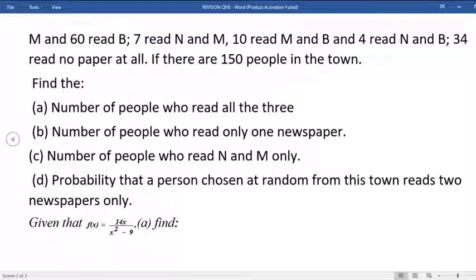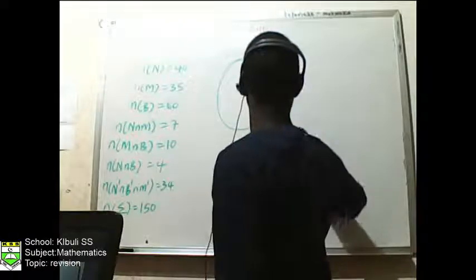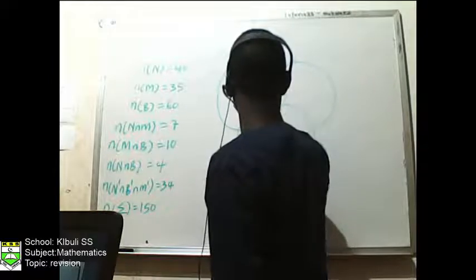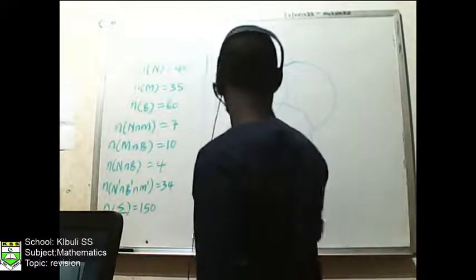Now here we are going to draw a Venn diagram as we normally do. As I told you, normally when you're dealing with sets, you draw 3 sets. Normally at this level in section B they give us 3 sets. So you draw them like this and always enclose them.